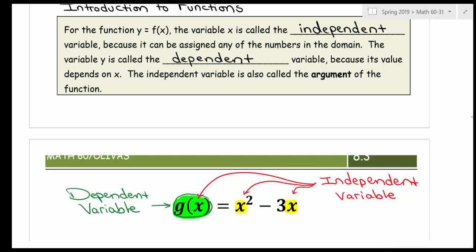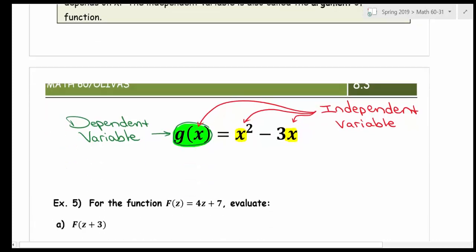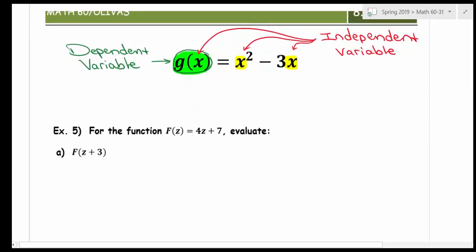Okay, let's move on. For the function f of z equals 4z plus 7, evaluate the following: f of z plus 3. Whatever is given to you inside the parentheses, you're basically going to substitute in for our z. I'm going to copy down f of z right here.